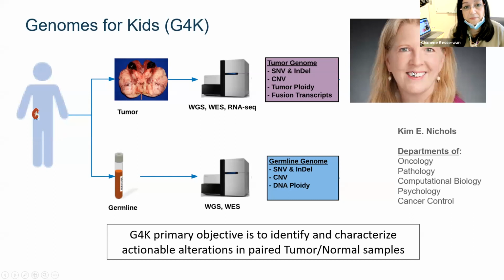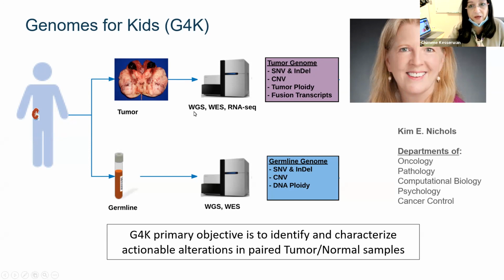Kim was hired in 2014 at St. Jude from SickKids, and she hired me in 2015, where I worked closely along with other colleagues on this Genome for Kids protocol, where every child admitted to St.